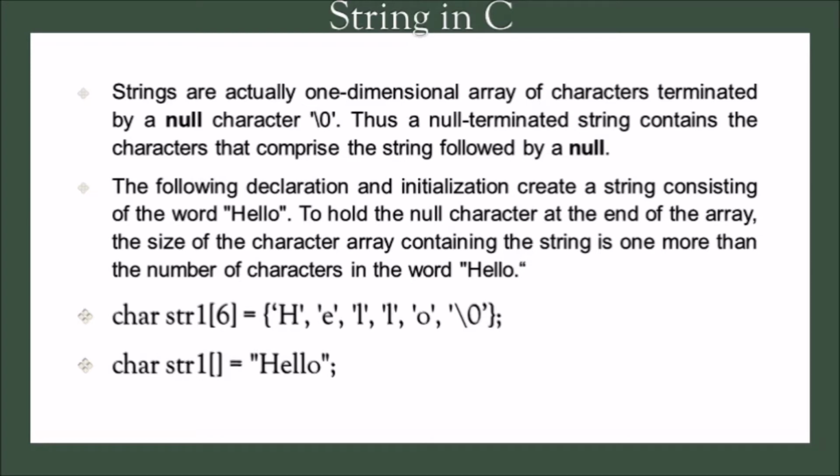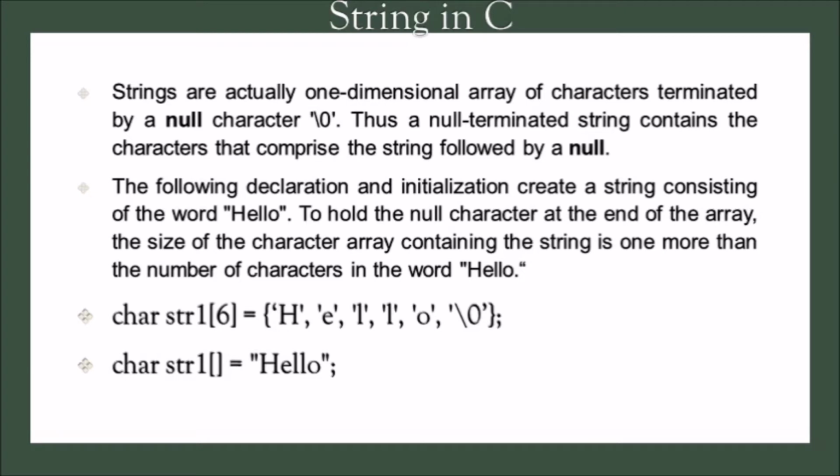Okay, so how can we declare or initialize it? There is a data type, char, then the name of the string, which is str1, and the size of the array, which is 6, and we store single characters one by one: h, e, l, l, o, and the null character.